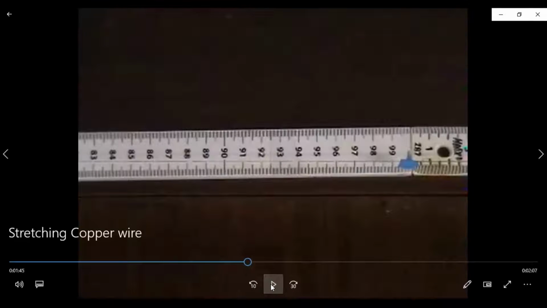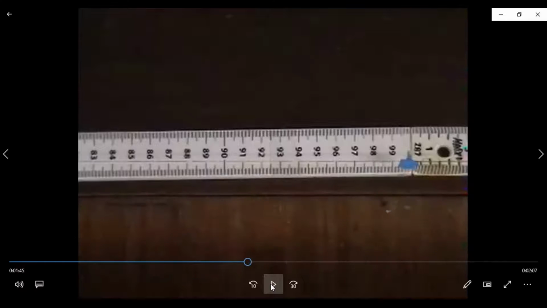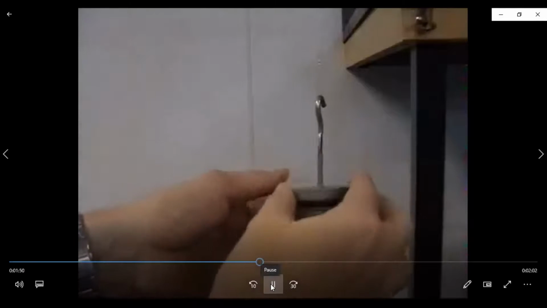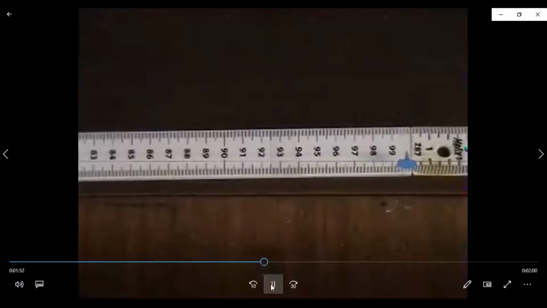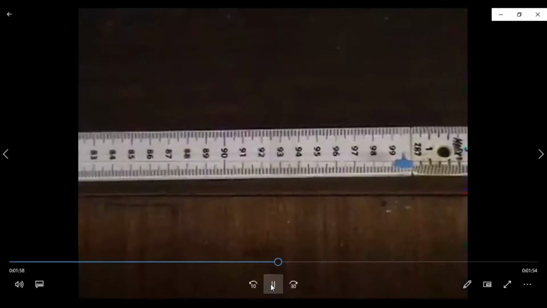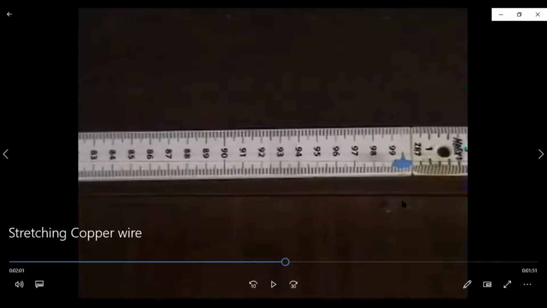So for every incremental loading, you are finding out the extension. So here you can see this blue color mark is moving, and correspondingly we can measure the extension, small l.